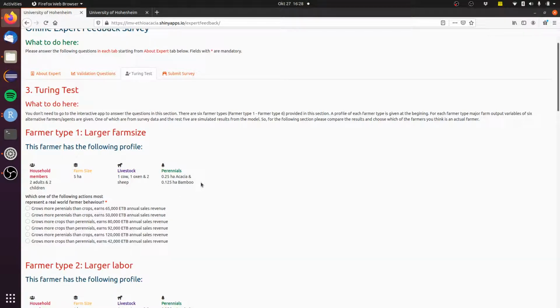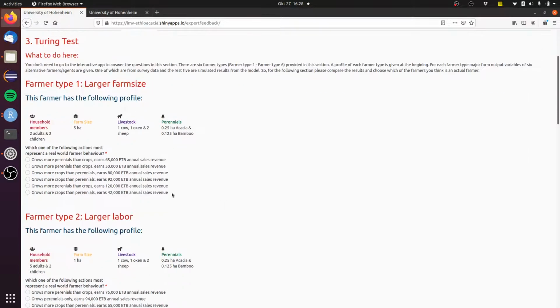So this is what describes farmer type 1. The question here is, we have 6 results for each farmer type. From these 6 results, 5 are from the model, and 1 is an actual farmer.